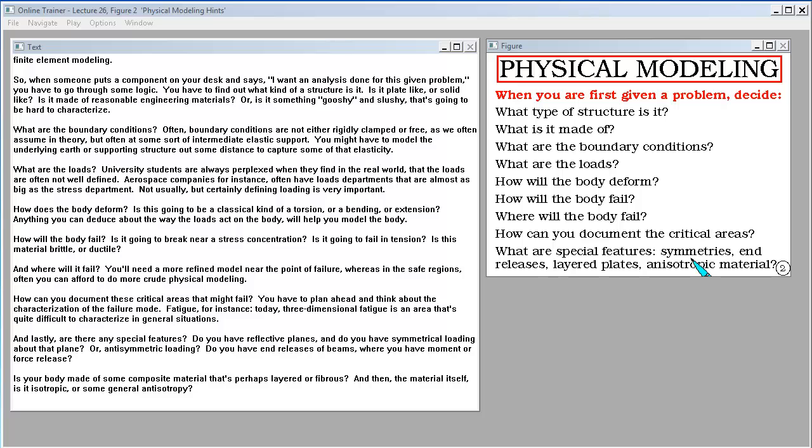Do you have reflective planes, and do you have symmetric loading about that plane or anti-symmetric loading? Do you have end releases of beams where you have moment or force release? Is your body made of some composite material that's perhaps layered or fibrous? And then the material itself, is it isotropic or some general anisotropy?